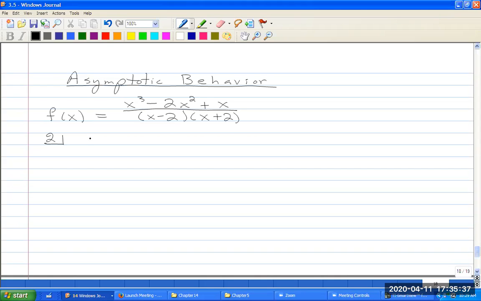So this is 1, x cubed minus 2x squared plus x plus 0. Okay, so drop down the 1, times 2 is 2. Plus minus 2 is 0, times 2 is 0. This gives me a 1, times 2 is 2. Next, let's do minus 2.